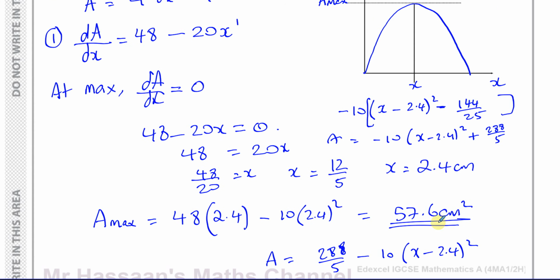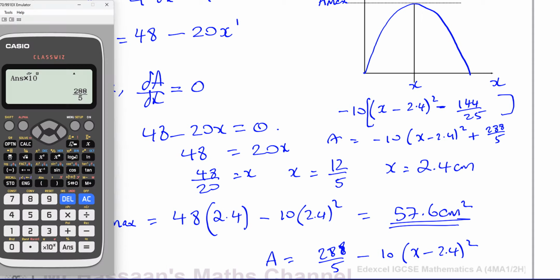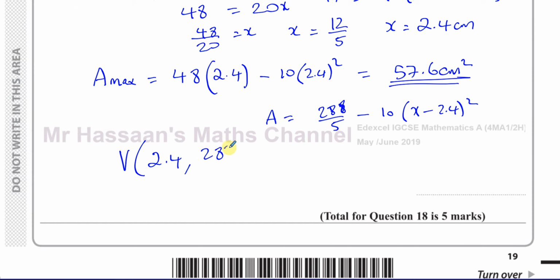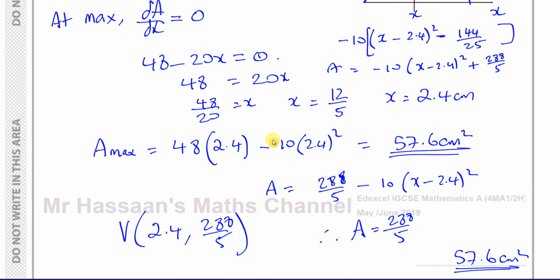That's what we got when we found the value of the maximum by differentiation. That's the vertex. So therefore we can say the maximum area is 288 over 5, which is 57.6 centimeters squared.